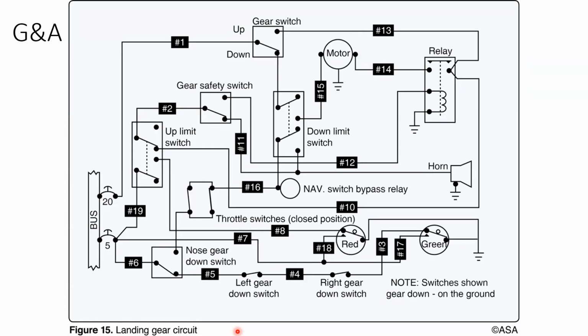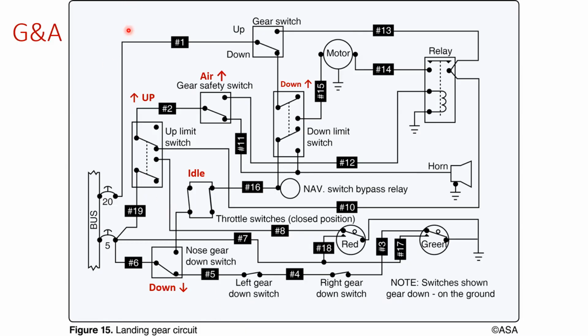For example, these up limit switches, down limit switches, and such do not show what position they are in or what the alternate position is. So that's my next little slide, to show that information.